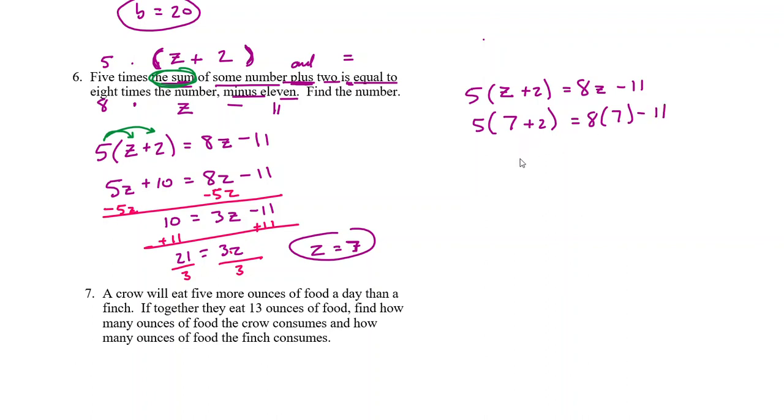Well, 7 plus 2 is 9, so 5 times 9. And 8 times 7, let's see, 6 is 40, 56. 56 minus 11. Okay, 5 times 9 is 45. And 56 minus 11 is 45 also, so there we go, it works. The number is 7.